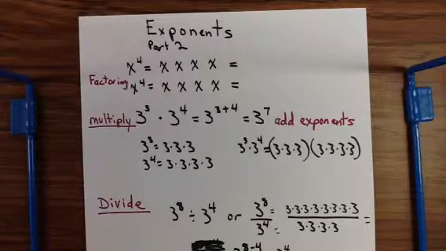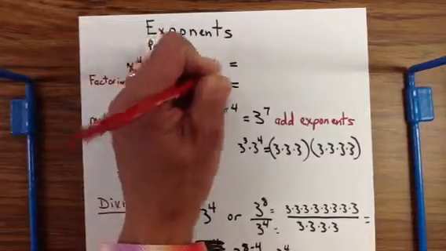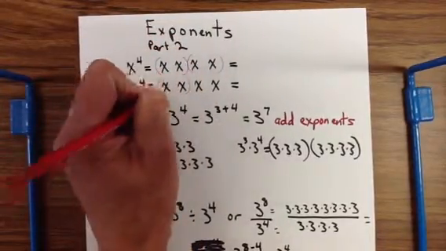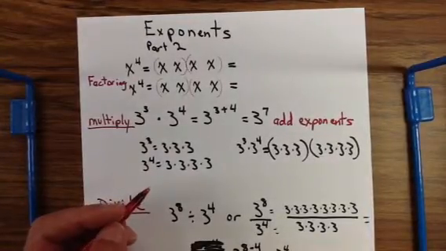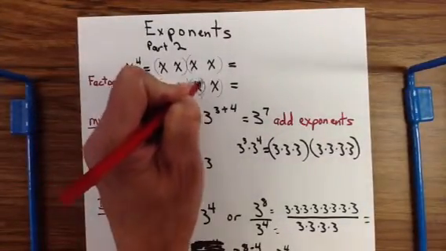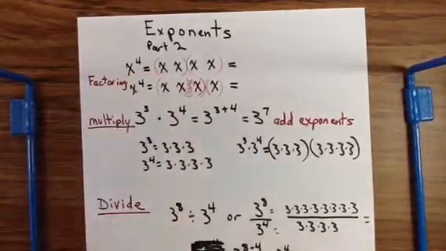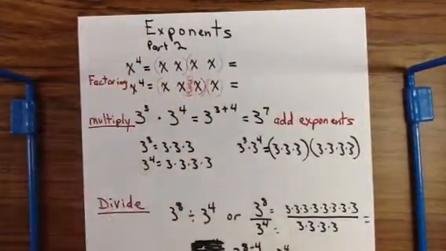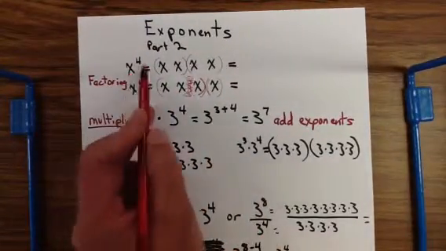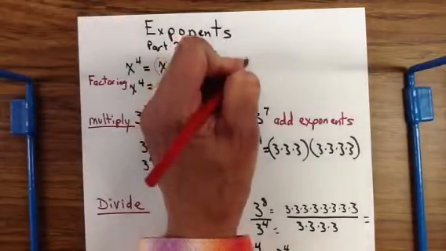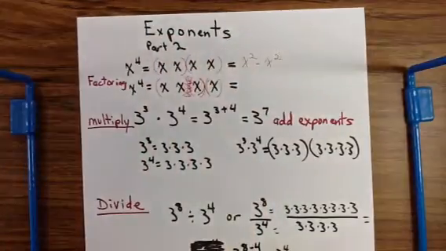Well, the same thing's true with exponents. I showed you in the previous video with grouping symbols how, oops, I did that too fast. I meant to group it this way. Ignore this one. So this grouping symbol shows that x to the fourth could be factored x squared times x squared.